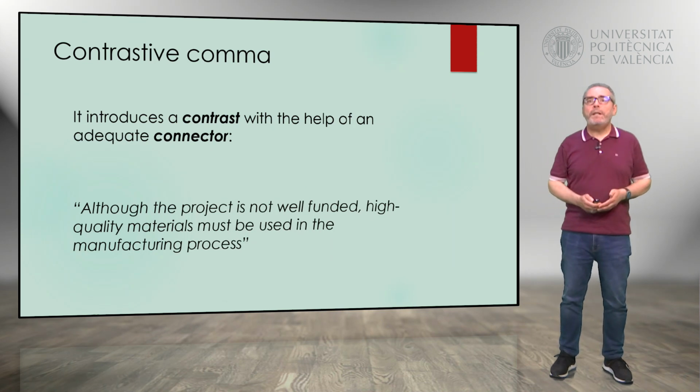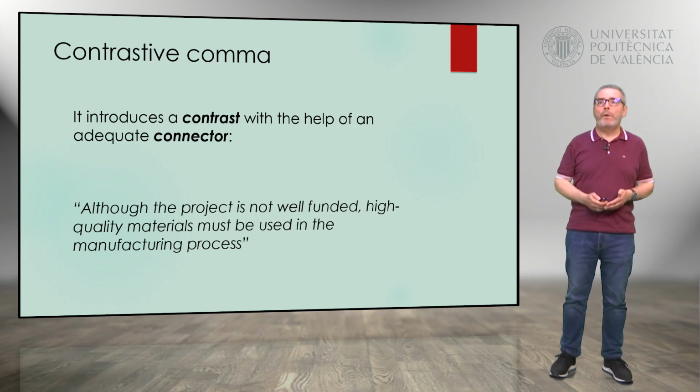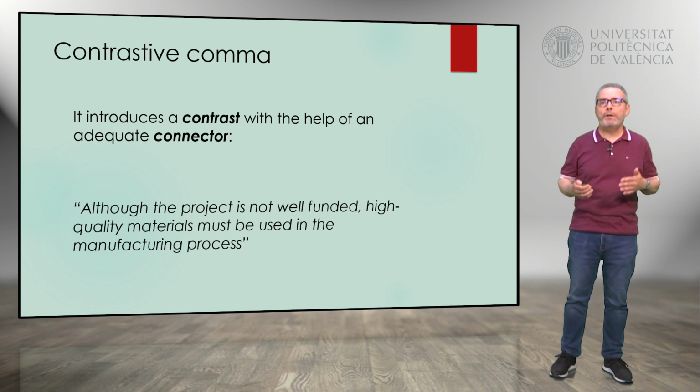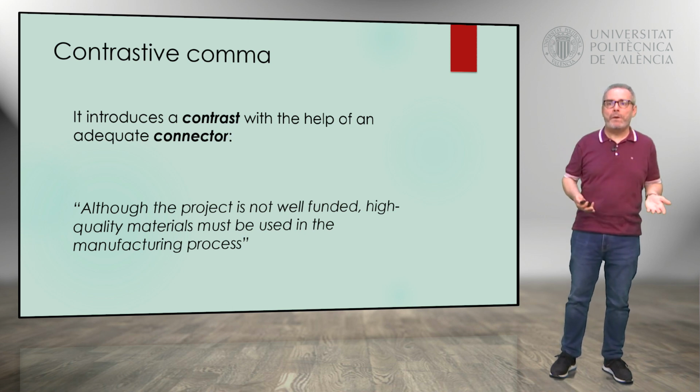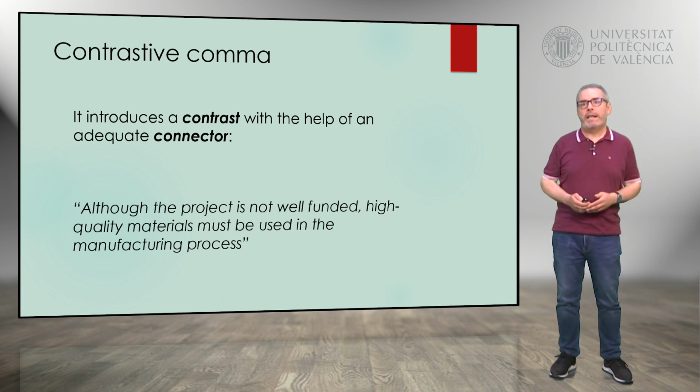The next type is what we call contrastive comma. It is very important because it normally introduces the meaning of a contrast or an opposition between 2 ideas. And normally it comes with the help of the adequate linking word or connector. Let's see the example.